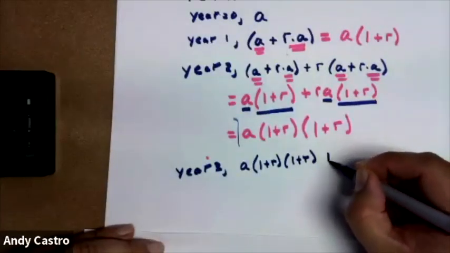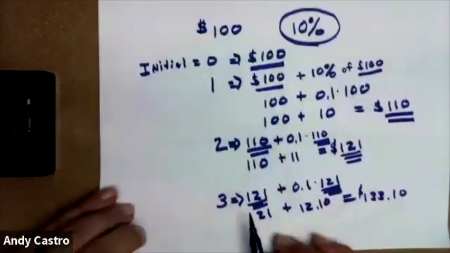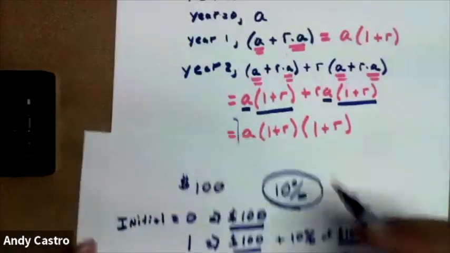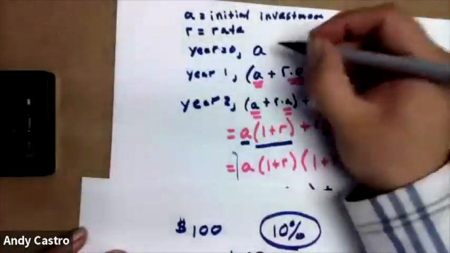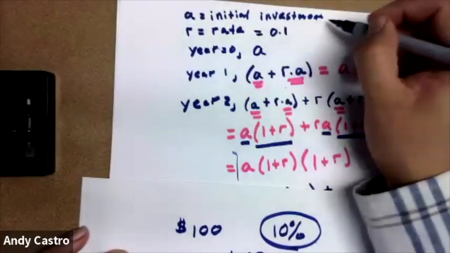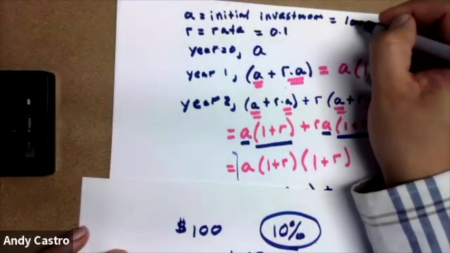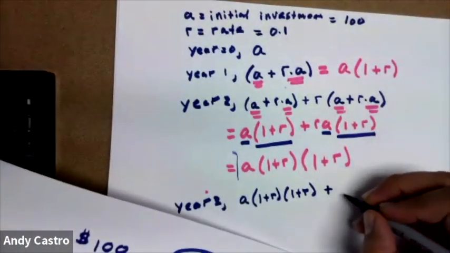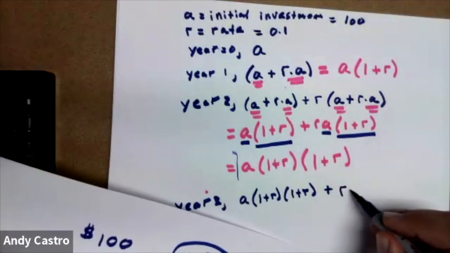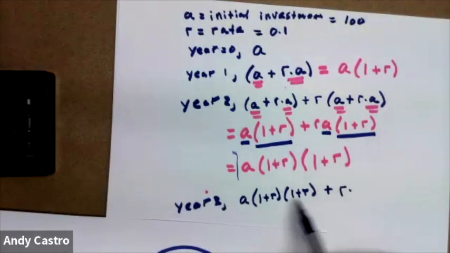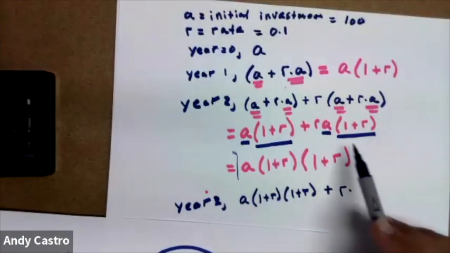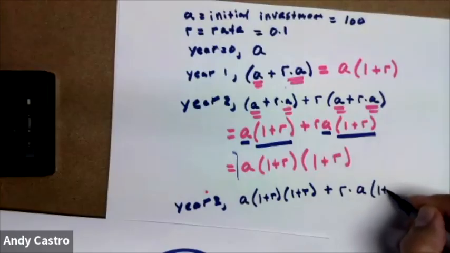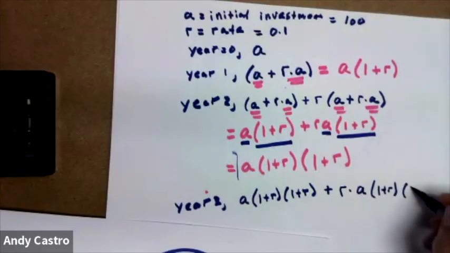Plus, for year 3, I'm going to add the rate, 0.1. That's my rate, in this case 0.1, and my initial investment, in this case 100. Here, my rate times that 121, which is this number, A times 1 plus R times 1 plus R.